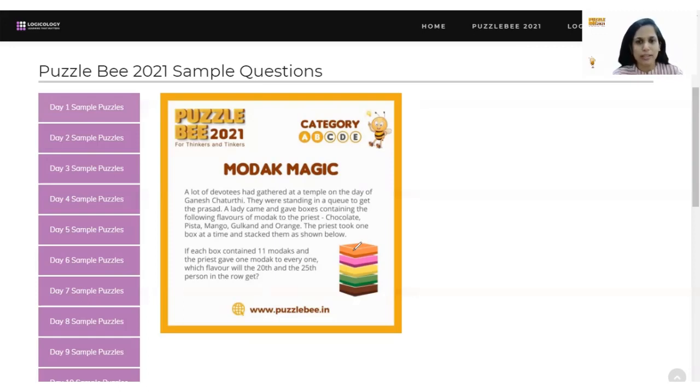Take the first box, give those 11 modaks to the first 11 people. What does that mean? Person number 1 to person number 11 in this queue would get the modaks from the topmost box, which is orange. Now, the next 11 people would get the modak from the second box, which is the Gulkan box.